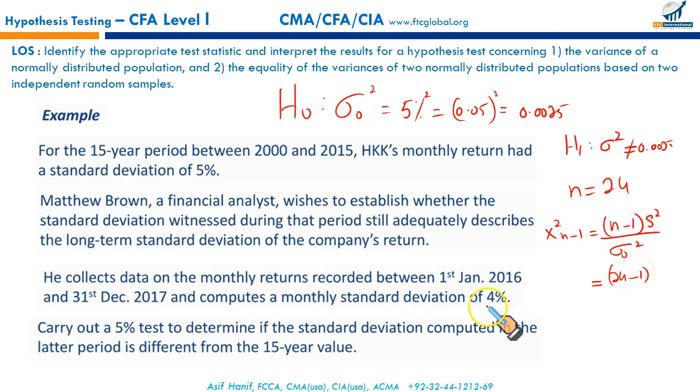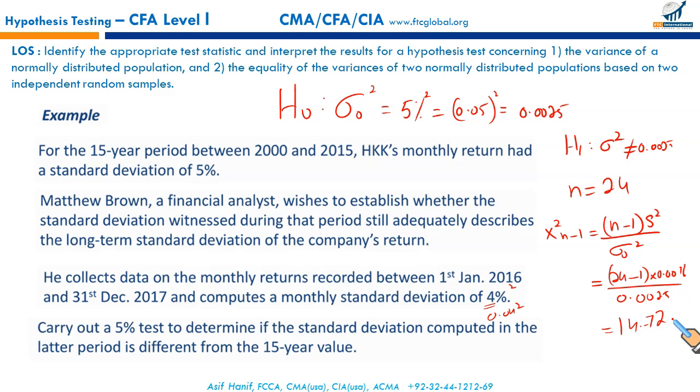The sample standard deviation is 4%, squared, it will be 0.04 squared, and that will give you 0.0016, divided by the hypothesized population variance, 0.0025. If you simplify all this, you get 14.72.